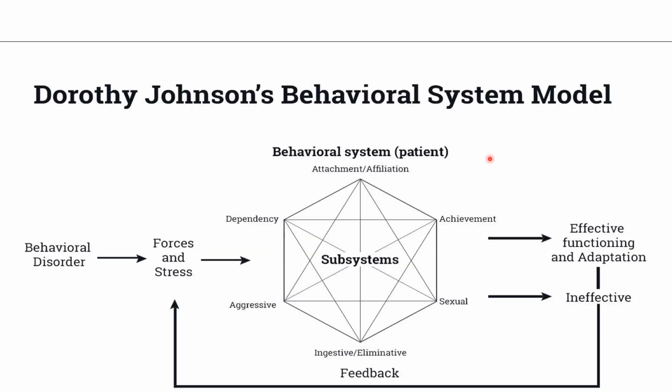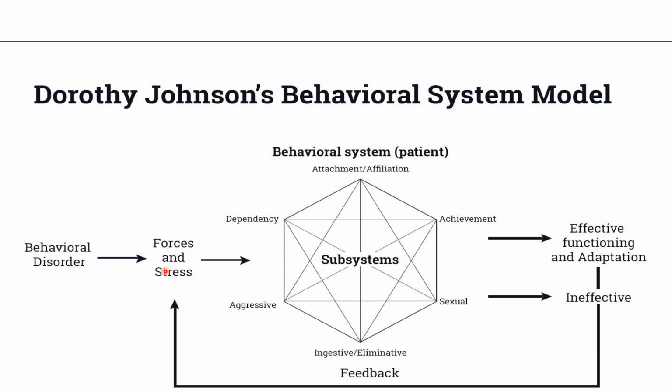This is the picture of Johnson's behavioral system model. So this is our patient. The patient has some behavioral disorders. The behavioral disorders or sickness occur because of some imbalance between the environment and the person.